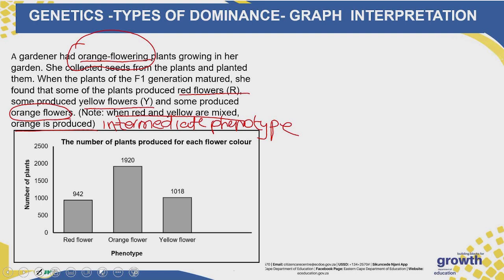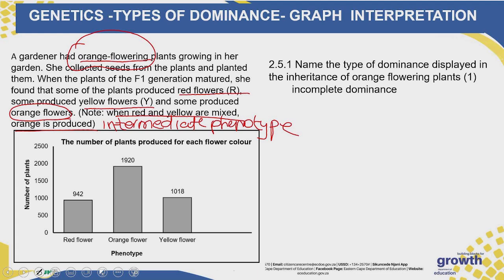There it shows you a graph of the plants that were produced for each flower color. There were 942 plants with red flowers, 1,920 with orange flowers, and the ones with yellow flowers were 1,018.